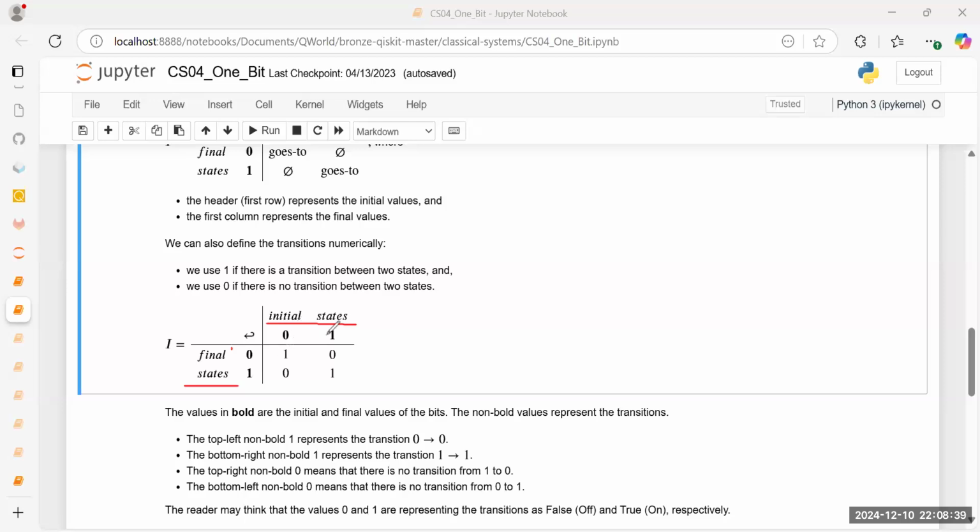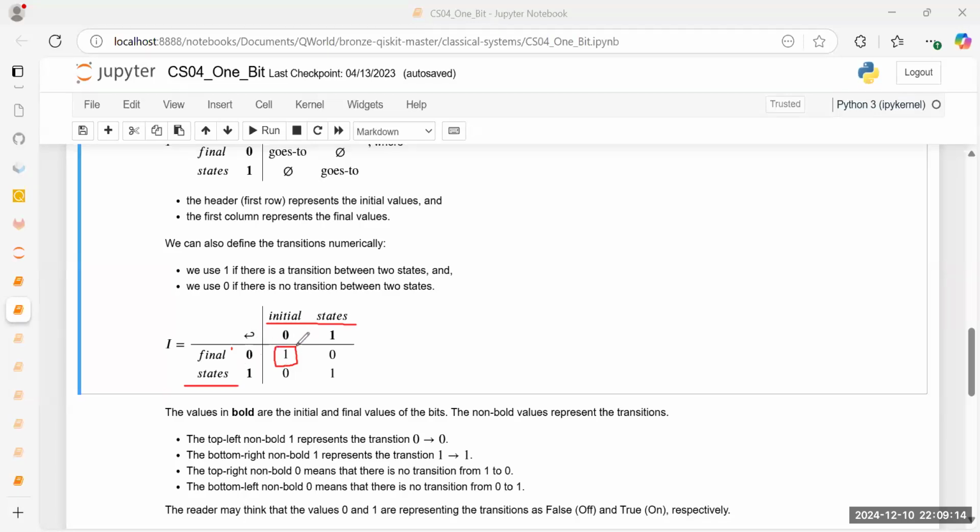And from there, we make use of the entries within the table. So the entries within the table are probability values. And we have a 1 written here to indicate that if 0 is our input, then 1 is going to be our output. So the 1 we have written here is the probability that if we start off with 0, we're going to get 0 at the end.